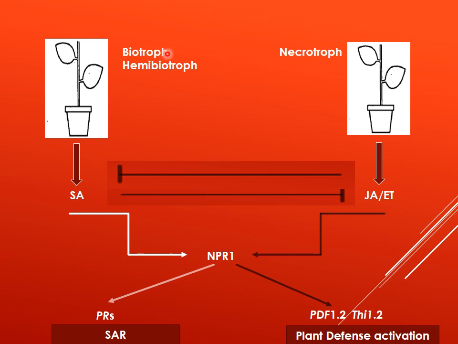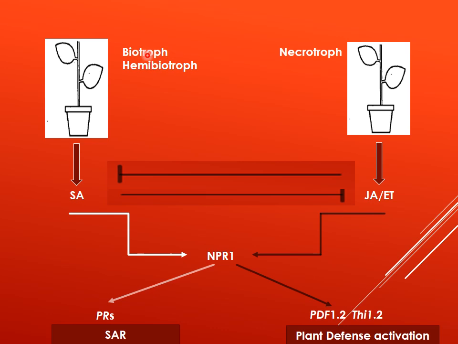Similarly, those fungi which cause rust diseases are also biotrophs. Then come the necrotrophs. Necrotrophs are those pathogens which kill the host tissue and then live in the dead tissue. For example, Alternaria species or Botrytis species.